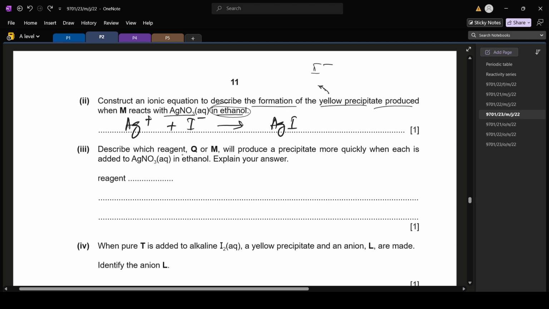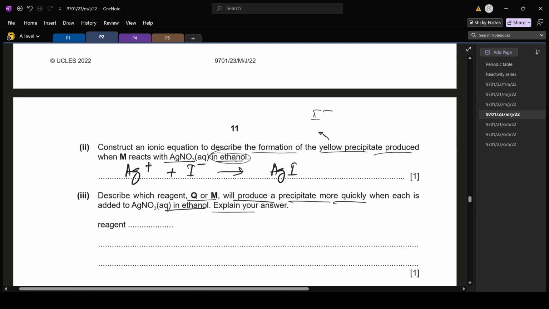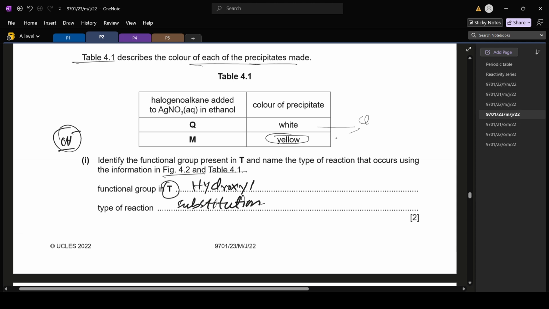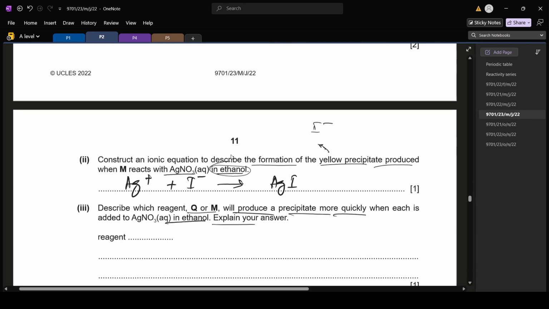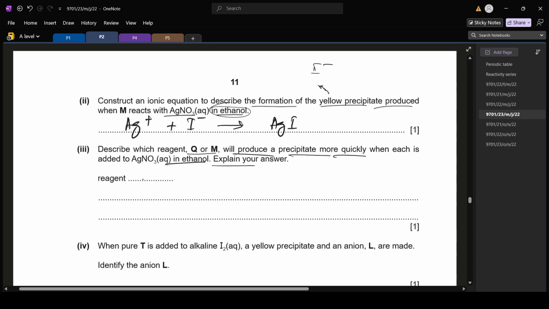Okay, describe which reagent, Q or M, will produce a precipitate more quickly when each is added to silver nitrate in ethanol. M is producing a yellow precipitate, so the yellow precipitate will be formed more quickly, because M has a carbon-iodine bond and Q has a carbon-chlorine bond. The carbon-iodine bond is weaker, so it will be broken more easily and more quickly.